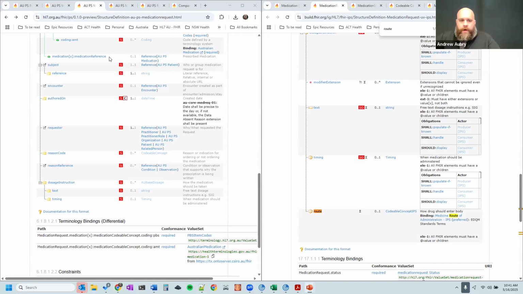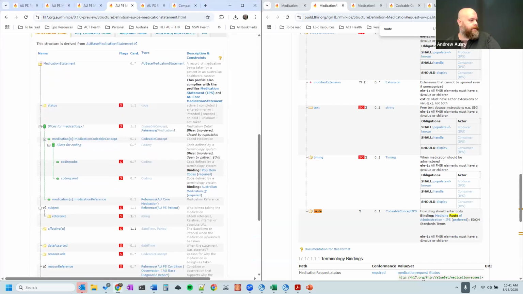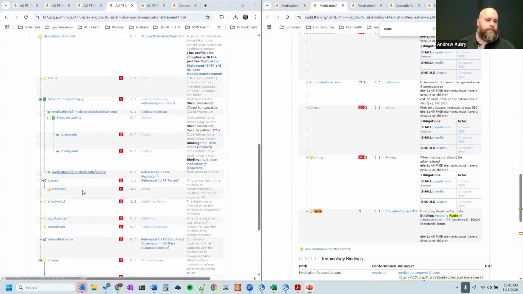If there aren't any more questions on medication request, I'll switch over to medication statement. Some things to be aware of for medication statement: again, we pick up that mandatory reference as we just talked about.